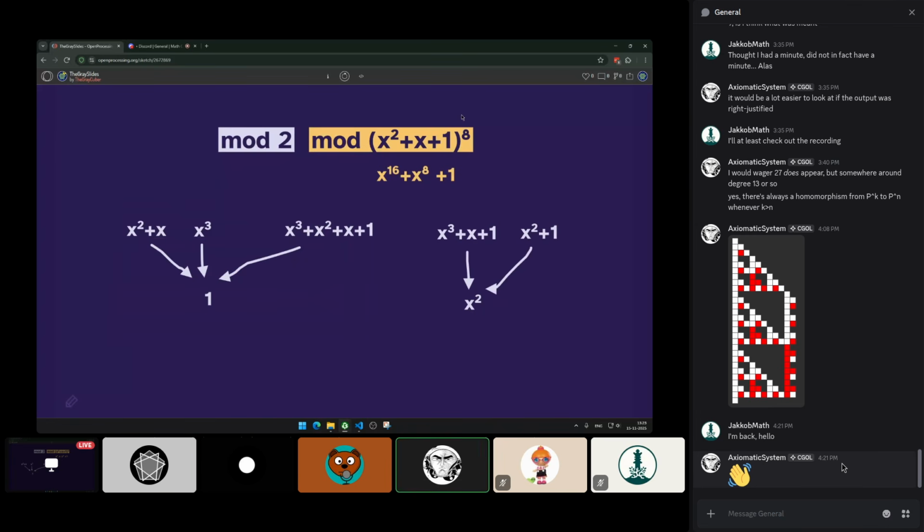Yes. And so the same idea will apply. It's just that now we have twice as many copies of everything because this is a second power polynomial.